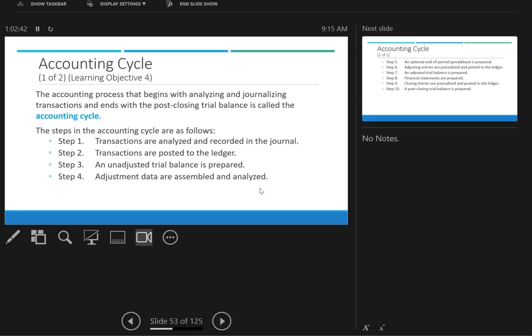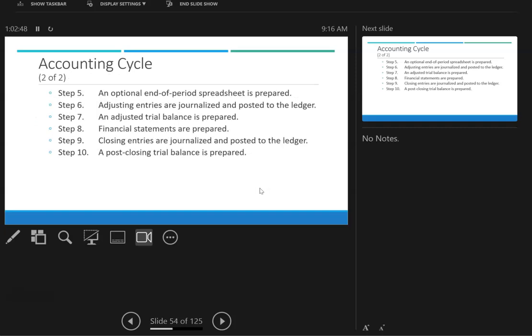We create adjusting entries. Then we create an adjusted trial balance. We then create financial statements. We then create closing entries, and we have a post-closing trial balance. That is the accounting cycle, and it happens every year. It's the same process every year. Does that make sense? That's how accounting works.